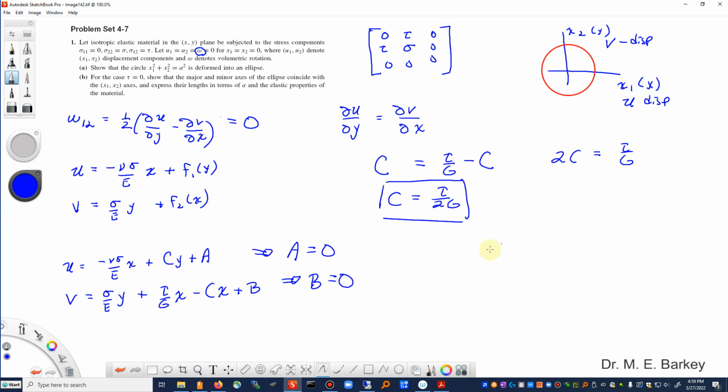All right, now with that, let's rewrite our displacement equations, knowing what we know now, and then we'll get a new page.